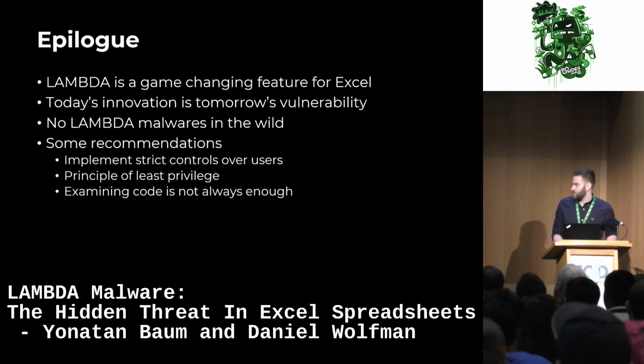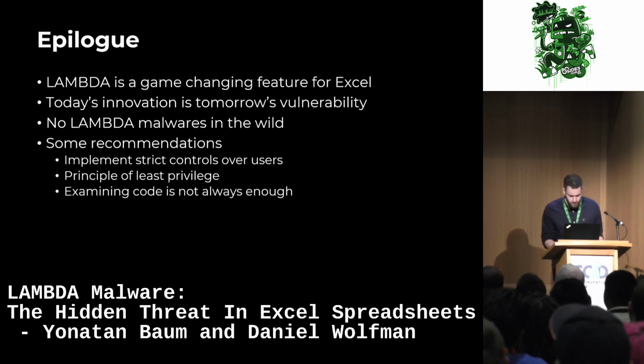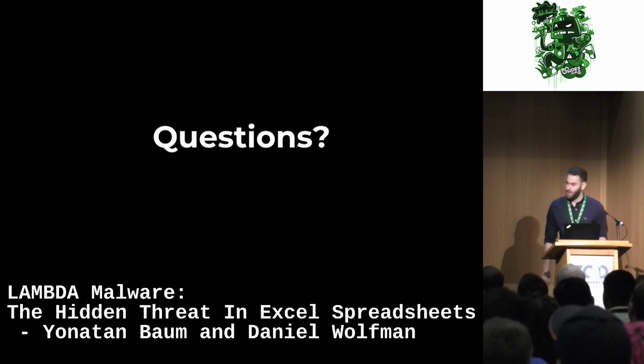But for any detection engine, what I would recommend is keeping updated with changes and updates to the software you are claiming to protect, and finding ways to detect malicious activities that are not only reliant on your current understanding of the program and its code. Because things may change and hackers may find other ways to exploit the program. I truly believe that it is our duty as a security community to protect against all types of threats, old and new. So with that in mind, now will be a good time for questions.